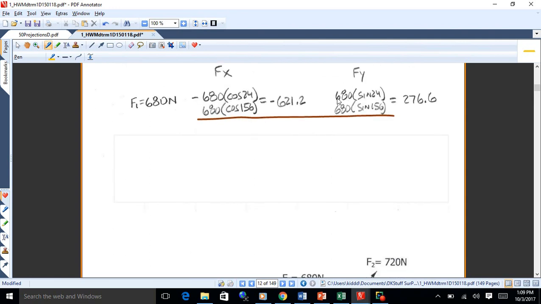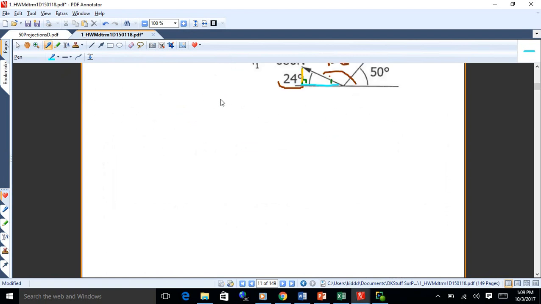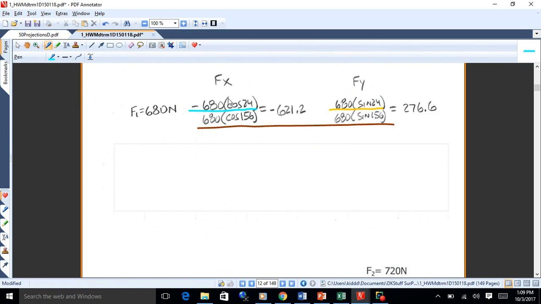So the 680 sine 24, which is the y component, the opposite side, is positive because it's going up. And then the 680 cosine 24 is negative because it's going to the left. Okay? So you could do these either way, whichever way suits you is fine. And however you do it, you want to come out with an x and a y, all right? Negative 621 and 277, basically. Okay.